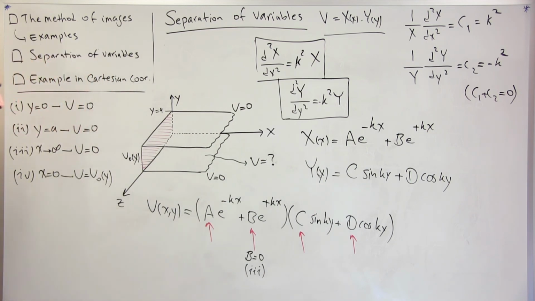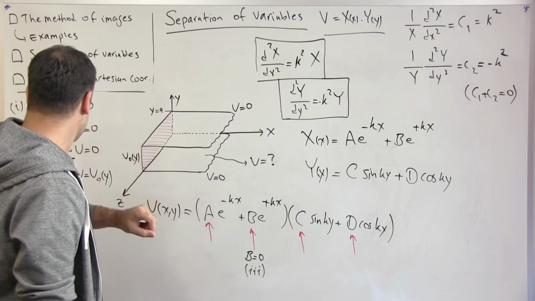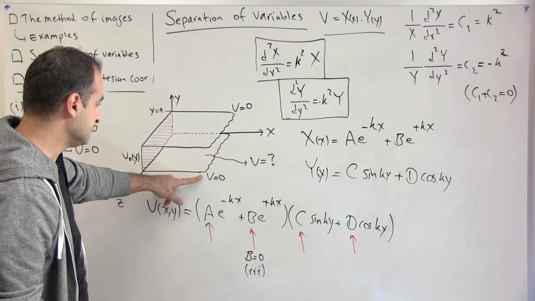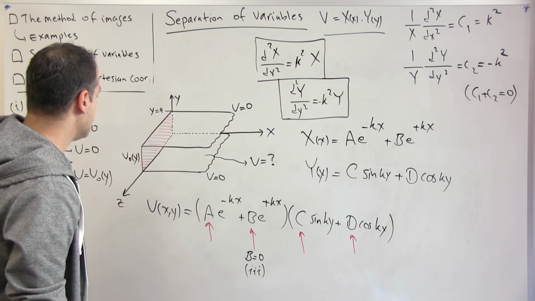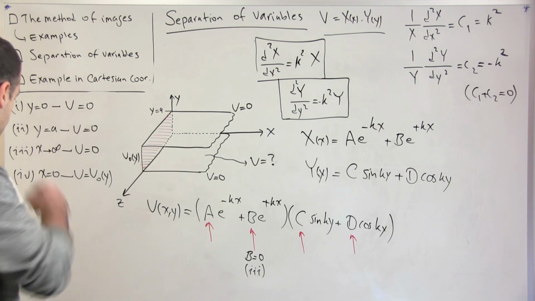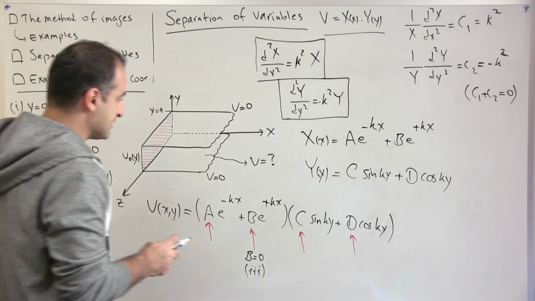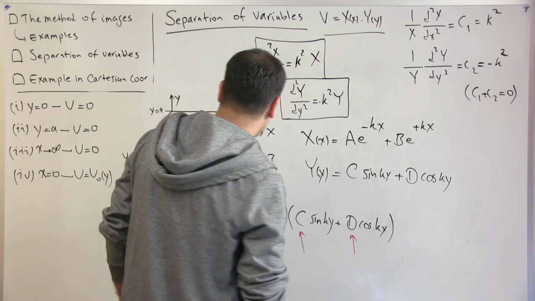And another thing, at y equals 0, the potential is 0, right? At y equals a, again, the potential is 0 as well. So we have two functions here, C sine ky and D cosine ky.